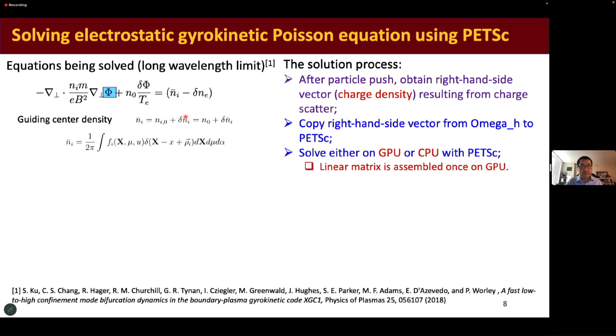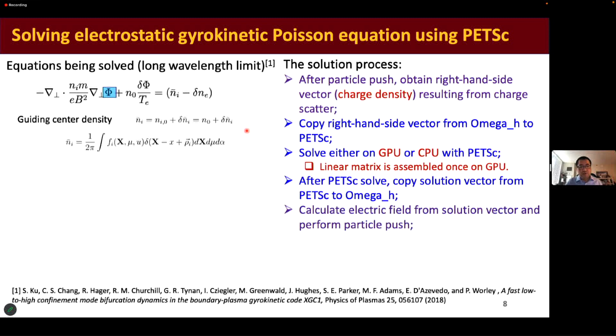As I mentioned, the linear matrix is assembled once on GPU in the initial setup stage because it does not change. After the PETSc solve, we copy the solution vector from PETSc to the Omega_h mesh field, calculate the electric field from the solution vector, and perform another particle push. Then we repeat the process.